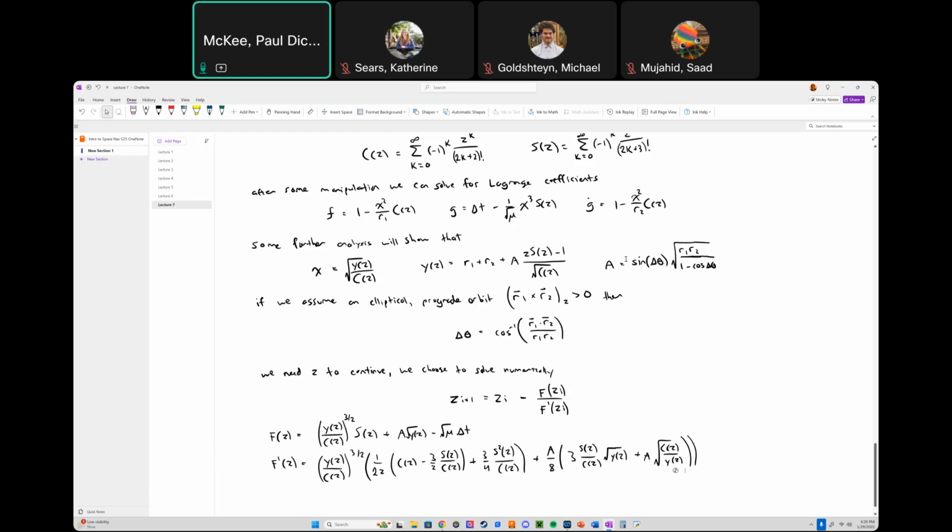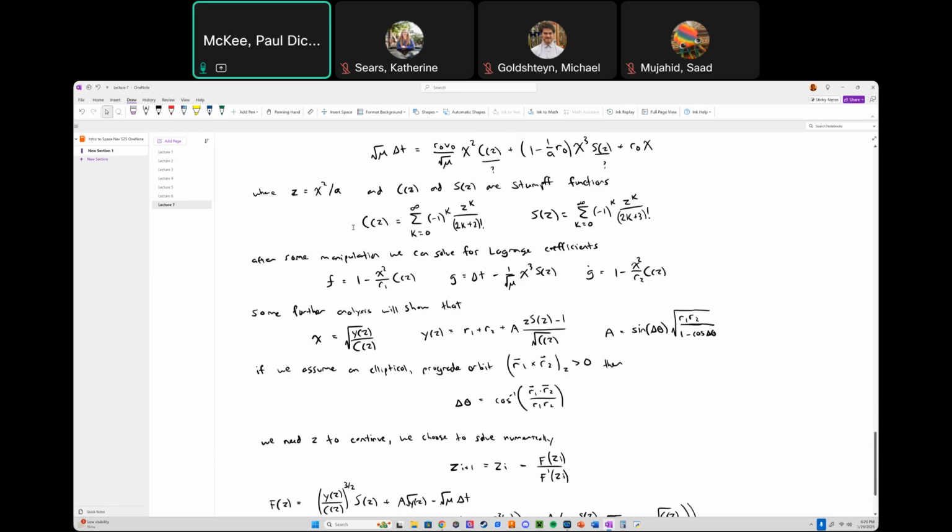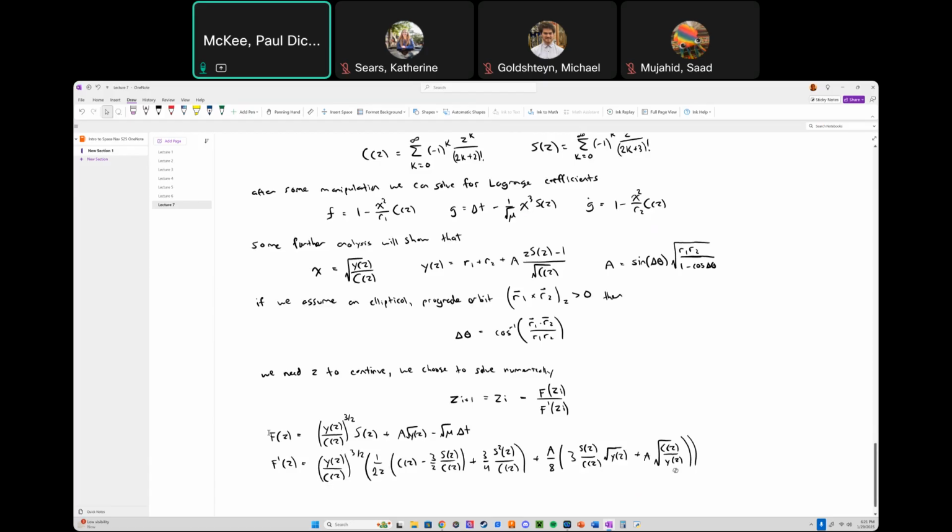If we know delta theta, we can solve for A. And then if we know A and R1 and R2, we can solve for Y of Z. But to solve for Y of Z, you need Z. So we guess a number for Z, solve for Y of Z, S of Z, and C of Z, and ultimately crank out capital F of Z and F prime of Z. Then we compute a new Z based on our previous guess, and we do this until we converge on some Z.